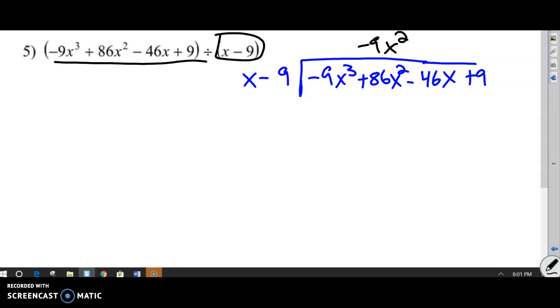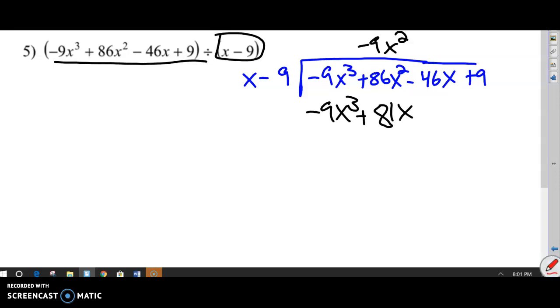When I take negative 9x squared times x, I get negative 9x cubed. When I take negative 9x squared times negative 9, or minus 9, I'm going to get positive 81x squared. Now, I am subtracting, so I am going to have to distribute a negative into both the negative 9x cubed and the positive 81x squared.